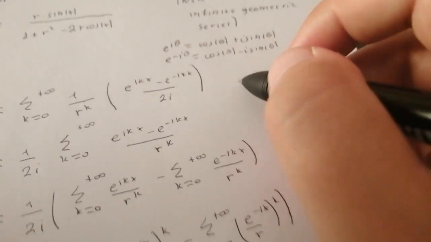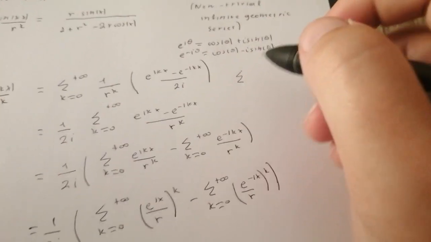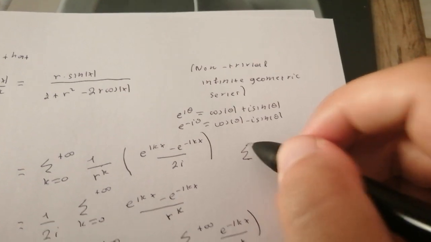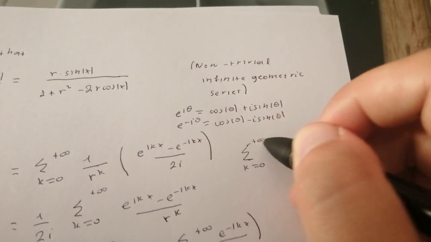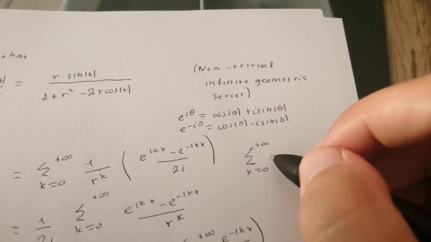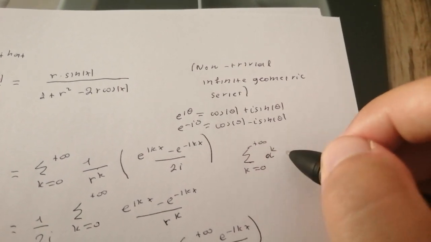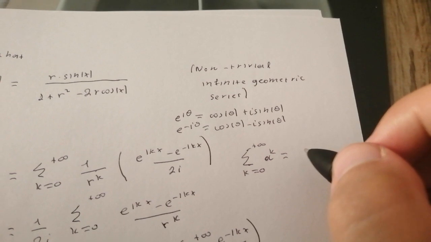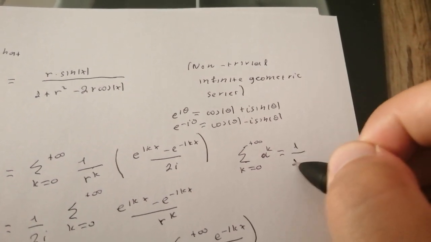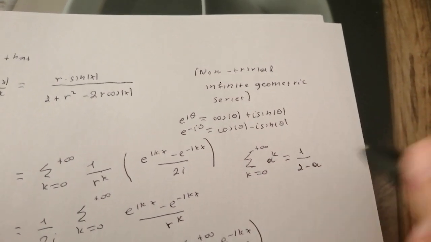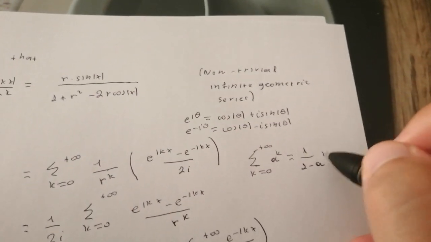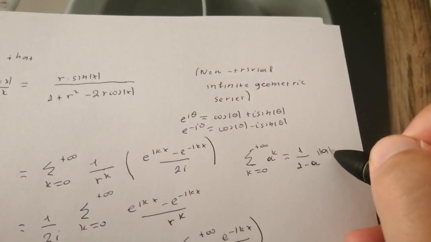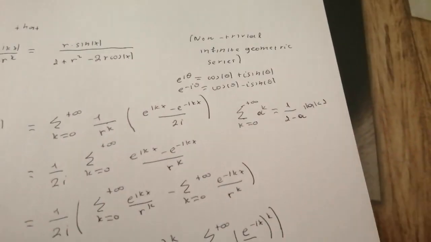Now, as a reminder, we have that the sum from k going from 0 up to infinity of alpha to the power of k is 1 over 1 minus alpha. This is the infinite geometric series where alpha needs to be strictly less than 1.